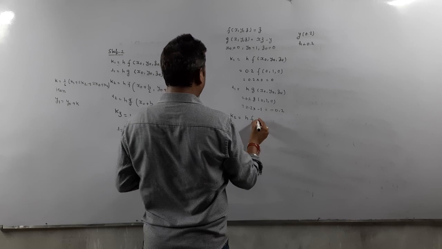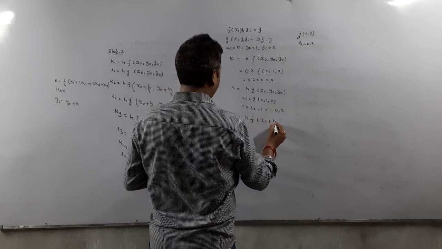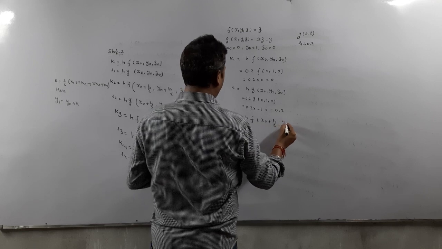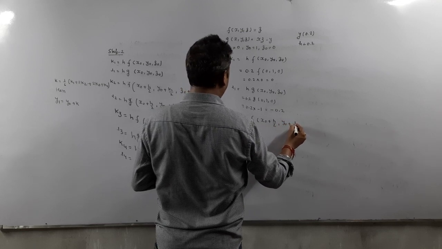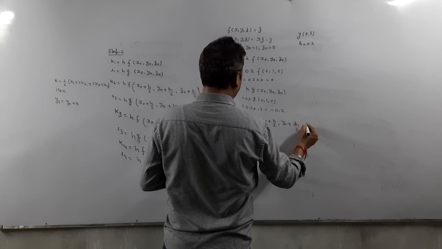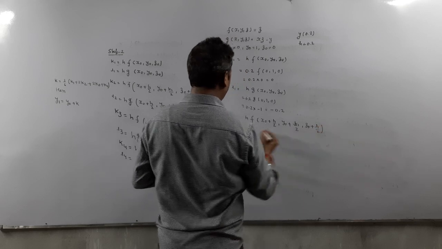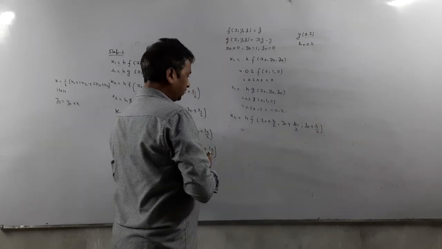What is k2? h times f at x naught plus h by 2, y naught plus k1 by 2, z naught plus L1 by 2. So what is the answer?